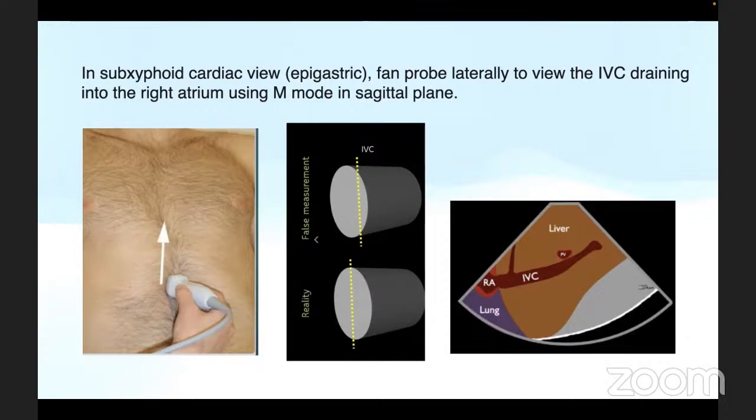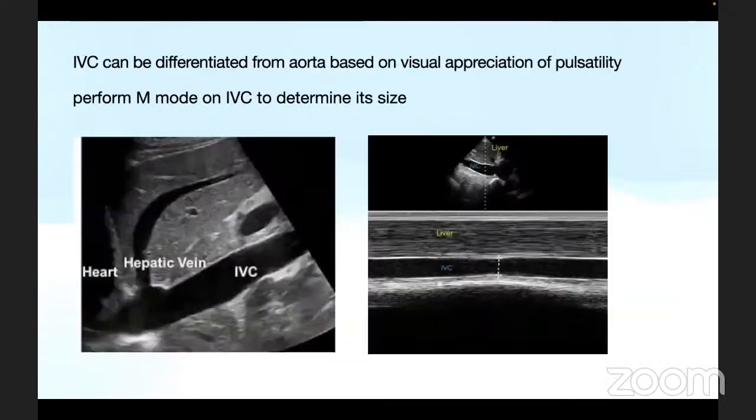But the reality is that if you go to the center of the IVC, the size may be much bigger. So one of the pitfalls of this view, as with any 2-dimensional view of a cylindrical structure, is this cylinder effect.